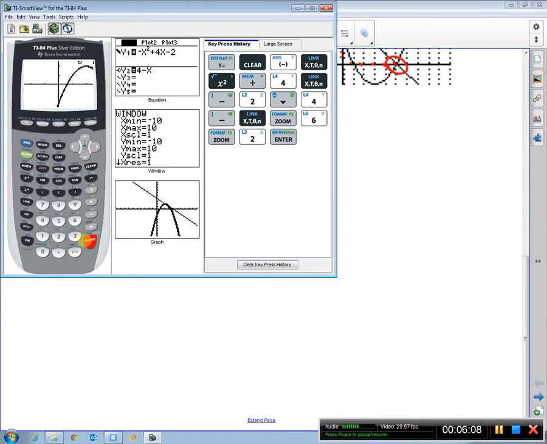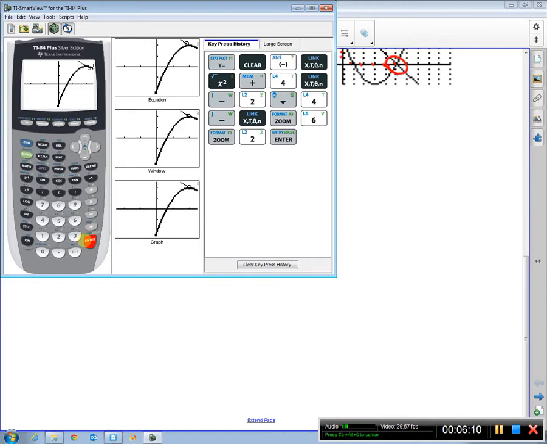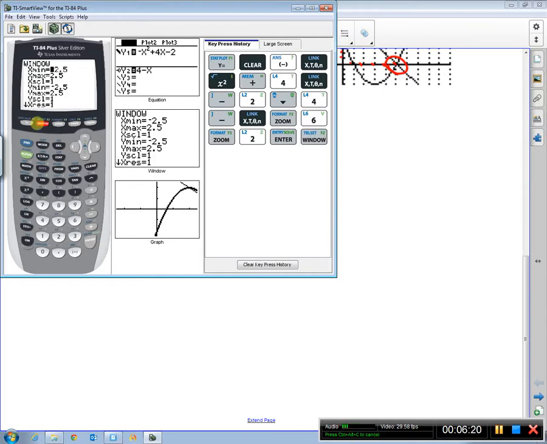That should improve my window a little bit. But we need now to see a little bit farther to the right. So now I'm going to hit window. And farther to the right means I need to increase my x max. So I'm going to put 4 in there. Hopefully that's enough. Now hit graph.